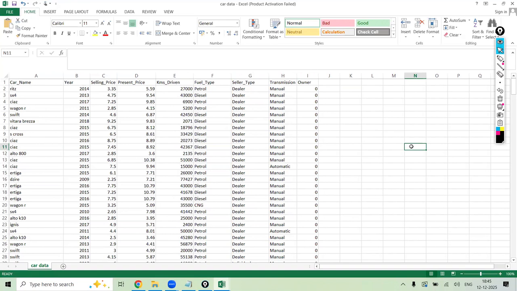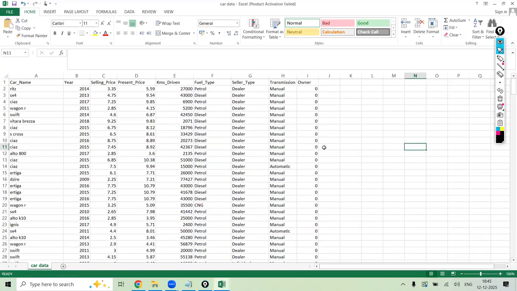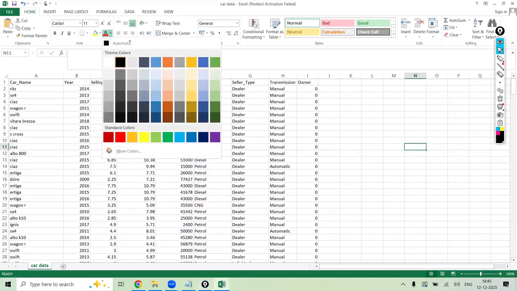First, let me explain the business problem. What is the business problem? The business problem is to estimate the car price. What is the project about?